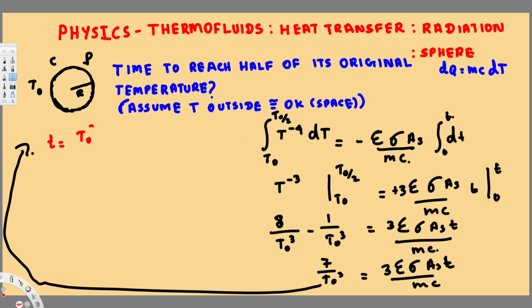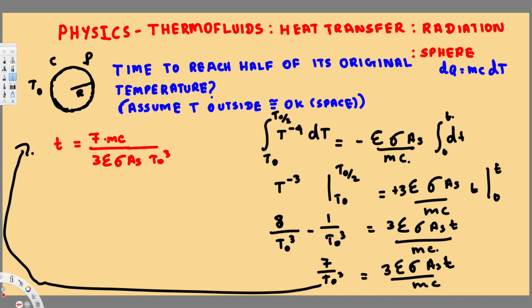You know what? If I move this to the other side, that will be much easier because t is in the numerator. So it's better to keep t on this side, and if I move the other things to the other side, this is going to be 7 m c over 3 epsilon sigma A_s T naught cubed.